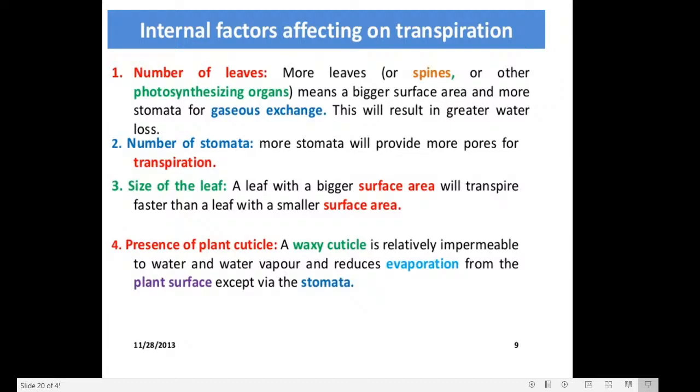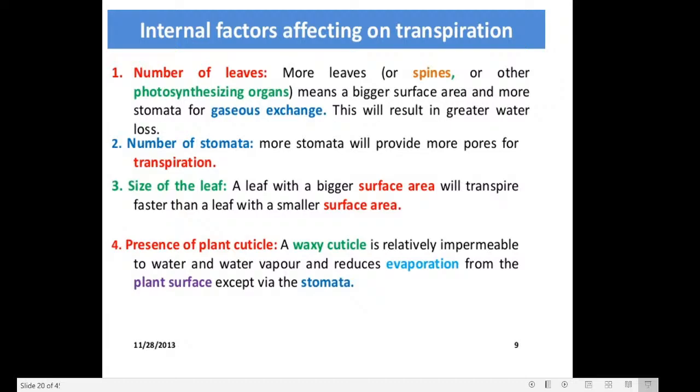The number of stomata also matters because it provides transpiration, which helps oxygen release and CO2 intake, and it also affects plant growth, because water loss makes the plant become dry.